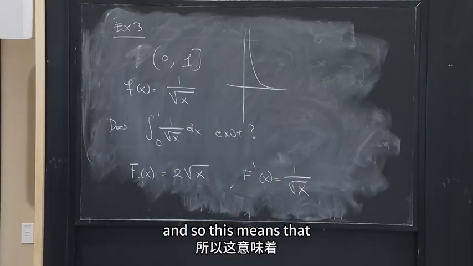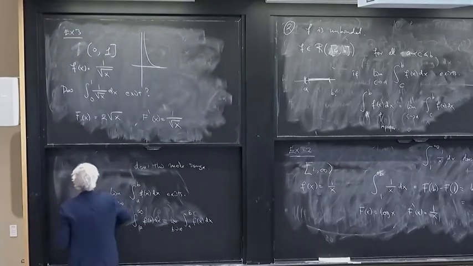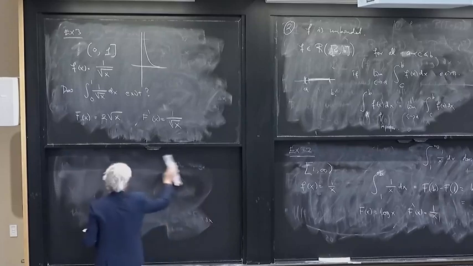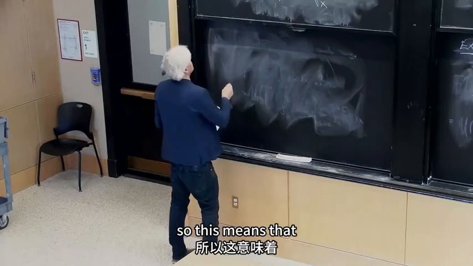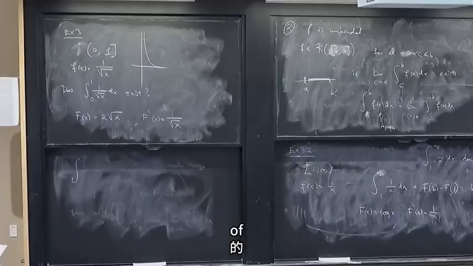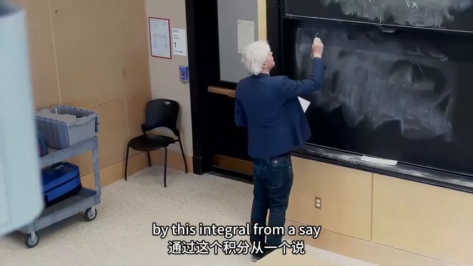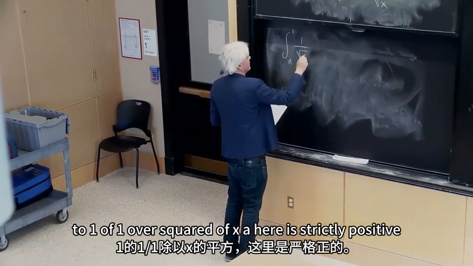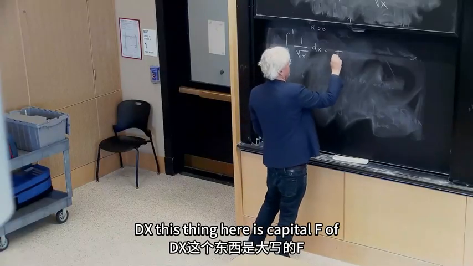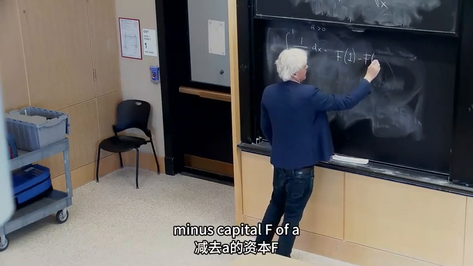Okay. And so this means that if you're now looking at the integral from a, say, to 1 of 1 over square root of x dx, where a is strictly positive, this thing here is capital F of 1 minus capital F of a.